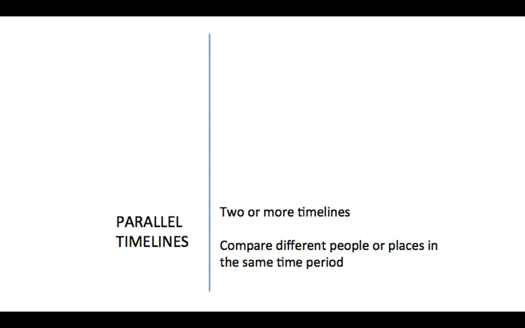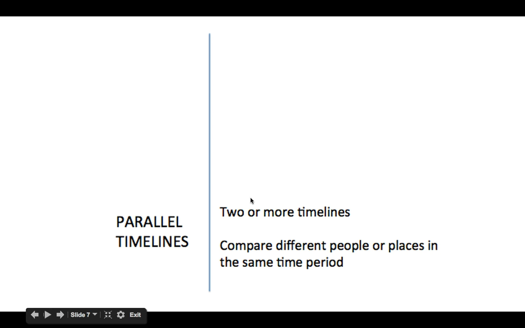Your last central idea for today is parallel timelines. Please press pause and write parallel timelines on your central idea side of your notebook. On the detail side, you can write what parallel timelines are and why we use them.